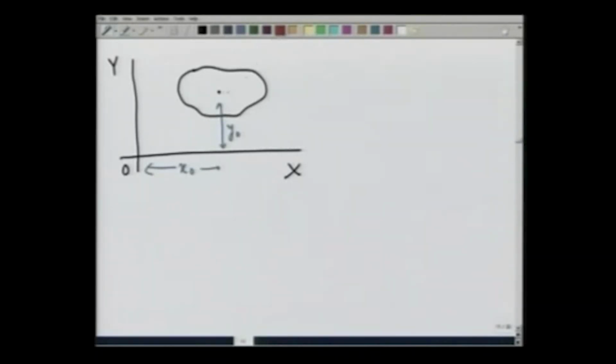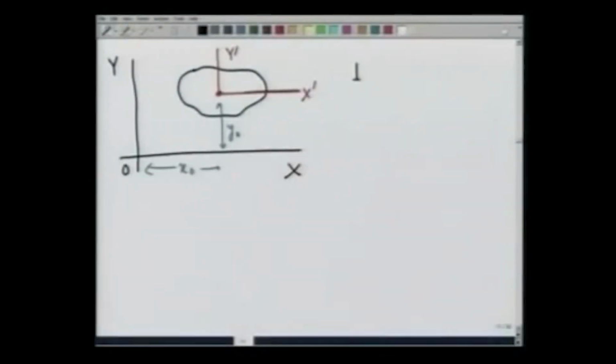Let us choose another set of parallel axes x prime and y prime passing through the centroid. x prime is parallel to x, and y prime is parallel to y, and we want to now show that Ixx and Ix prime x prime are related by a very simple theorem, and so are the other moments.